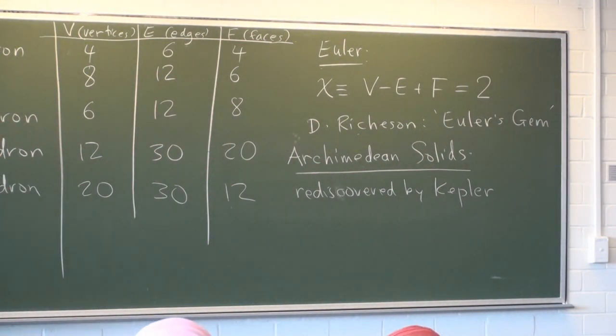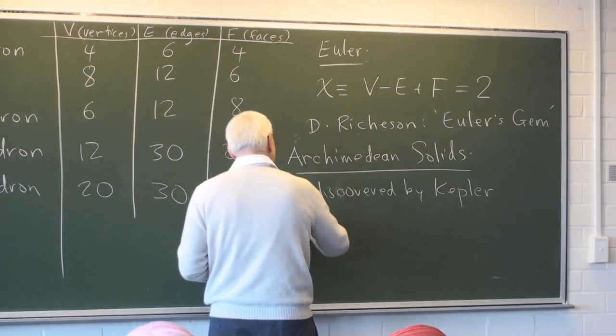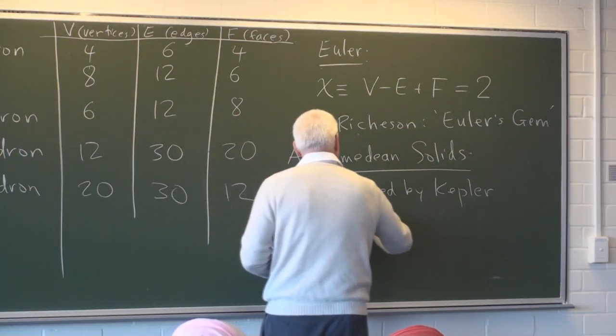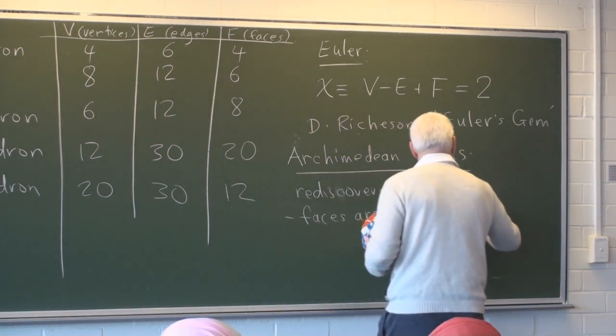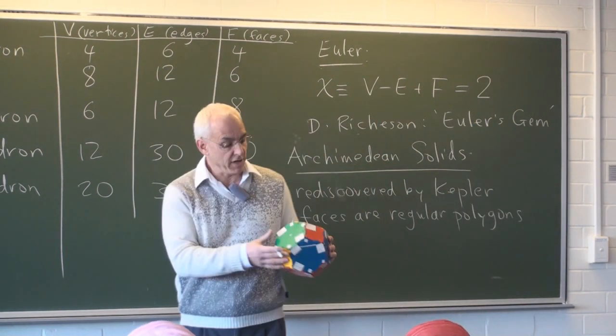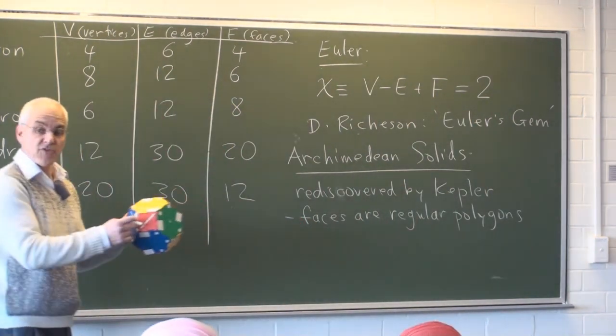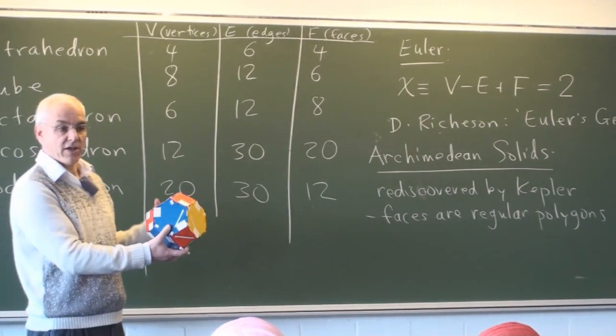Okay. So what are the Archimedean solids? Well, they are polyhedra whose faces are also regular polygons. So for example, this one here that I have has some squares and some regular hexagons. It's all just made of squares and regular hexagons.